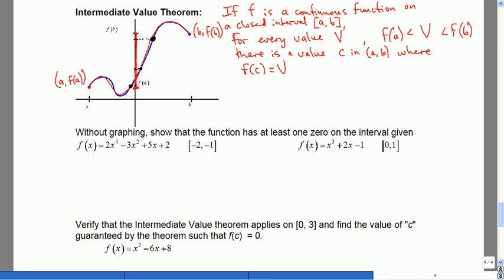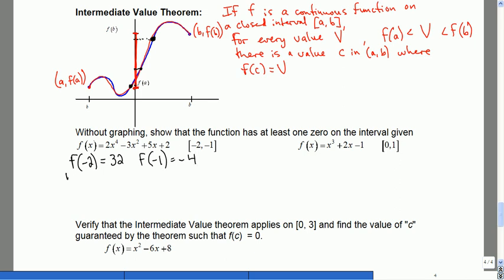So what I'm trying to do is figure out if there's a solution to this graph equals 0 on this interval from -2 to -1. So to show you that there must exist one, I'm going to substitute for f of -2. So the value is 32. You can verify this with your calculator. And if I stick in the value for -1, I end up with -4.